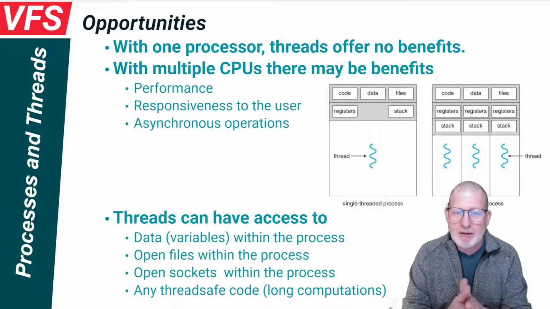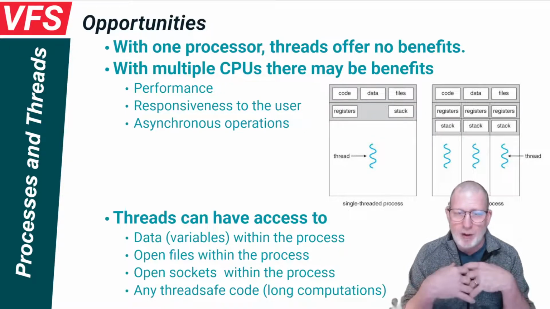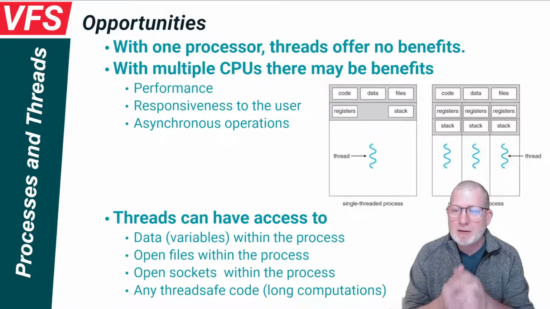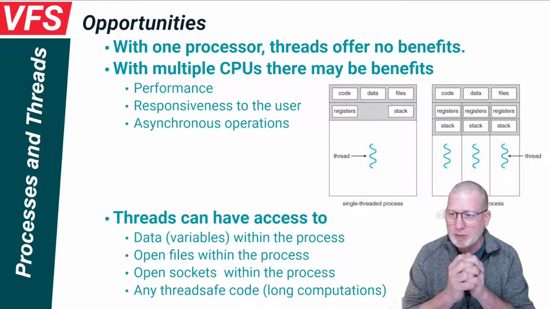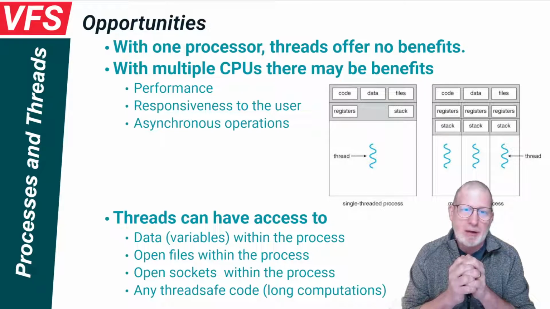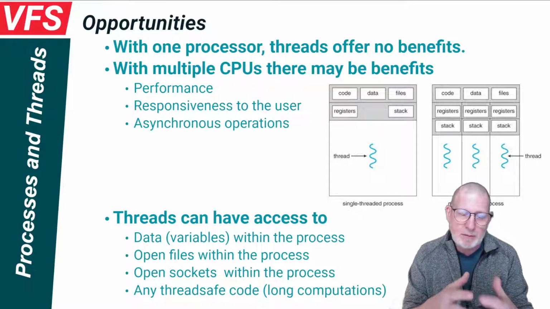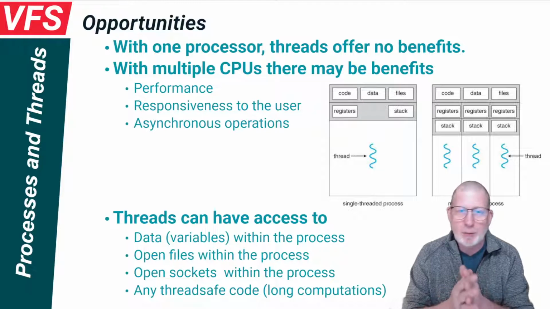Because those threads have access to some of the data in your main process and all of the file handles and sockets in the main process, it's up to you as the programmer to write what we call thread-safe code. And thread-safe code has a bunch of properties that we're not going to get into all of them here.